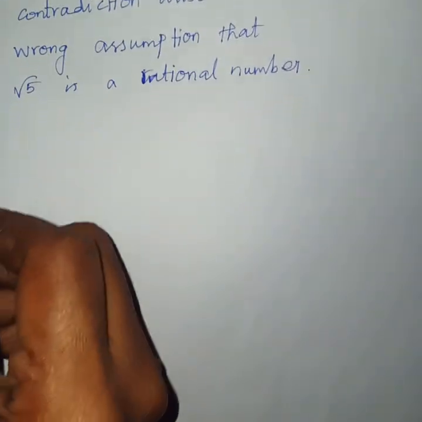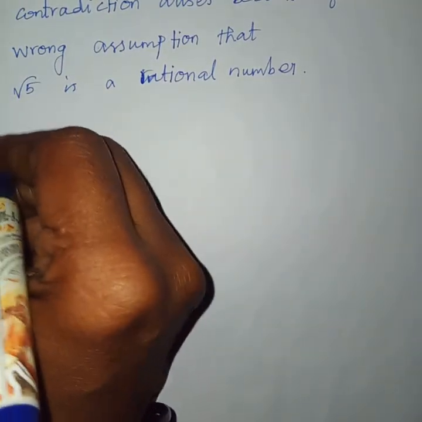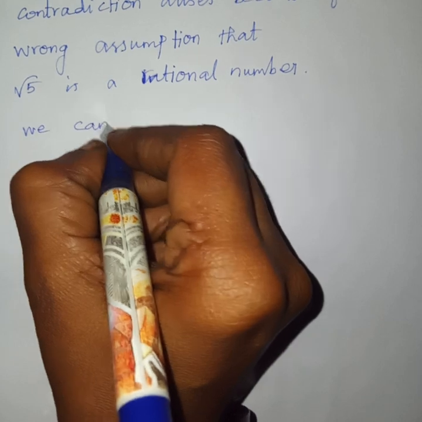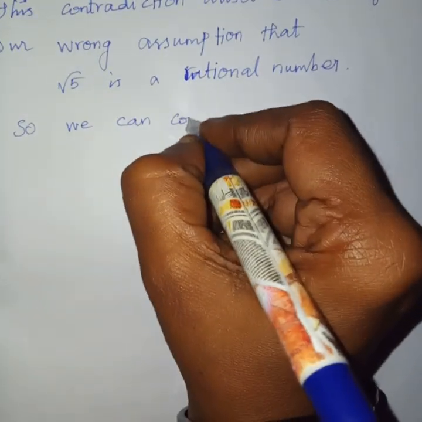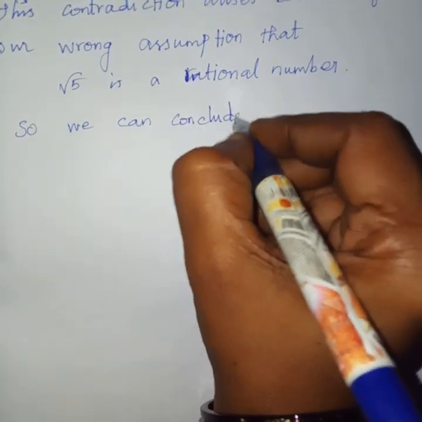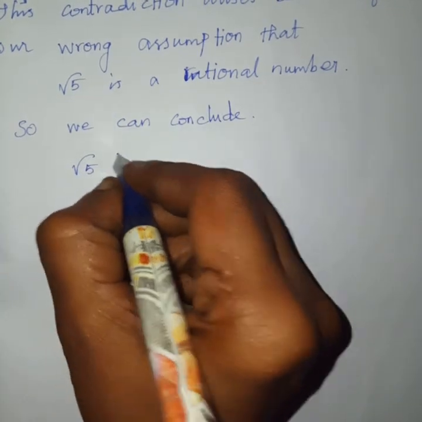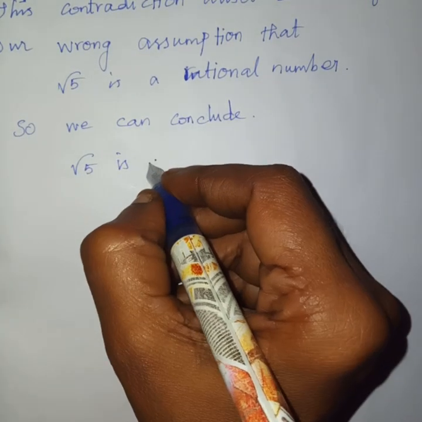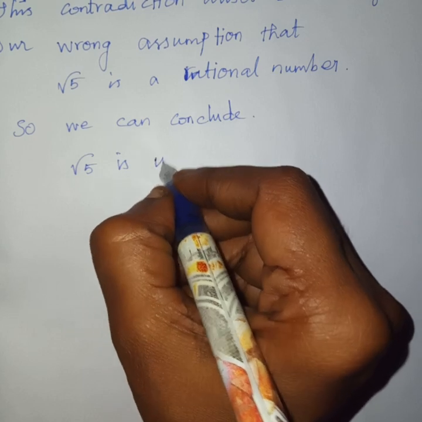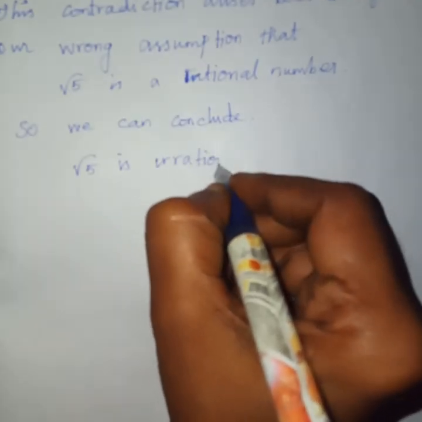So we can conclude that root 5 is an irrational number. Root 5 is irrational.